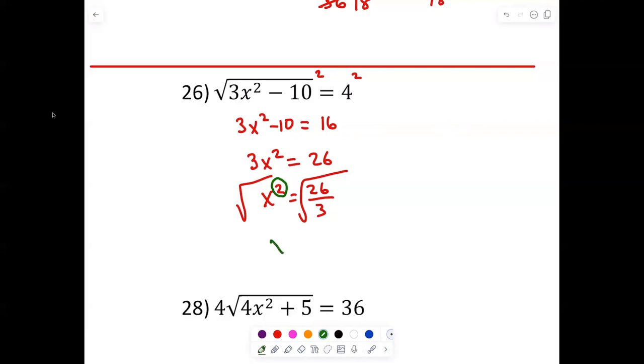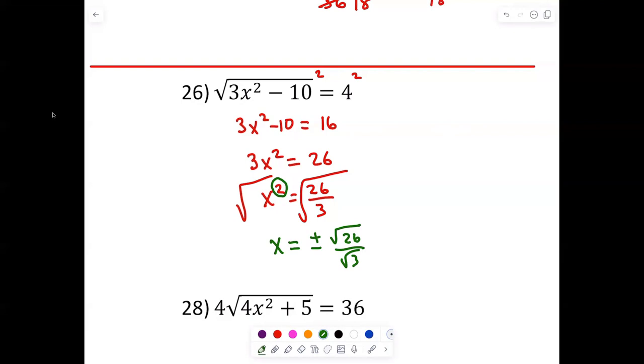So this is x equals plus or minus the square root of 26 over the square root of 3. I need everybody to write that down. Now, why is it plus or minus? Because when you take the square root of a square, you get the plus and the minus.